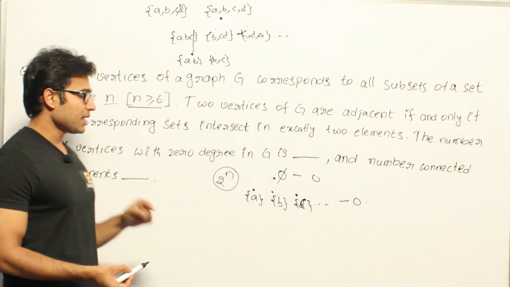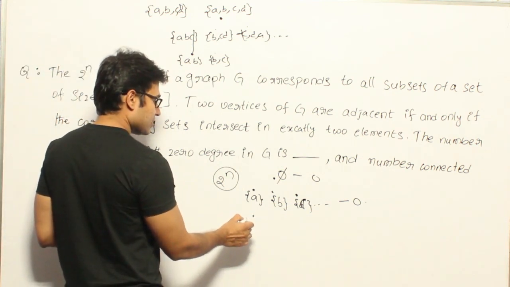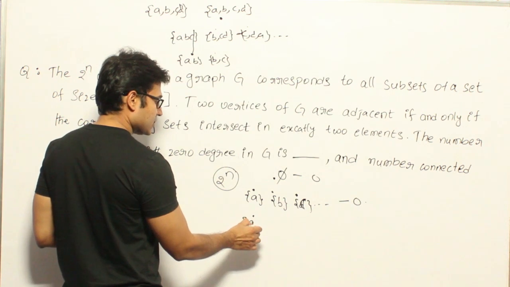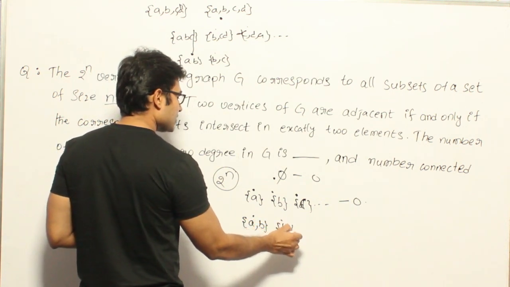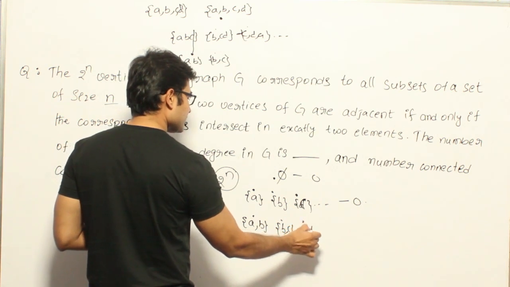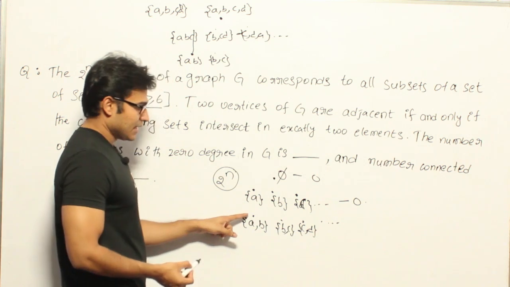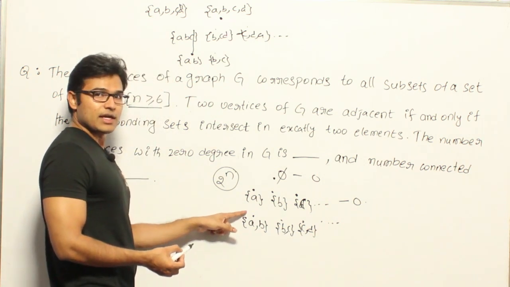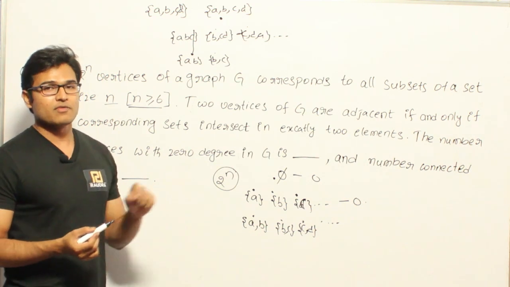Now the next level is the vertices representing sets which have cardinality 2, like A comma B, B comma C, C comma D. If you look at all these vertices, they will definitely be adjacent to at least one other vertex.